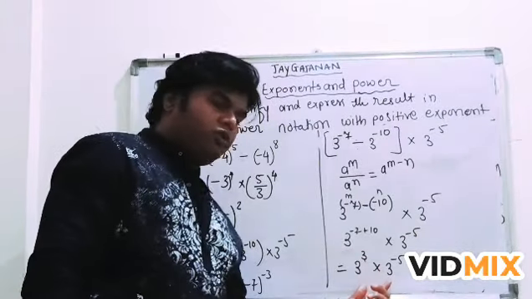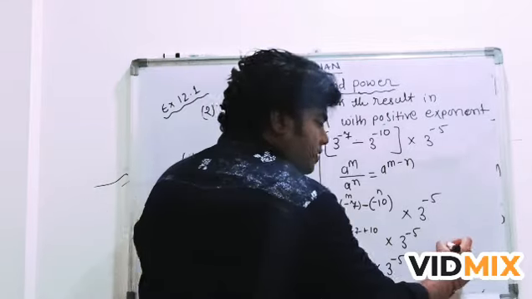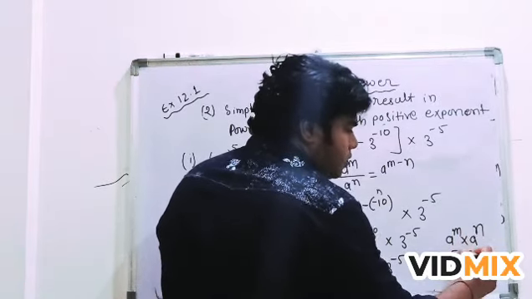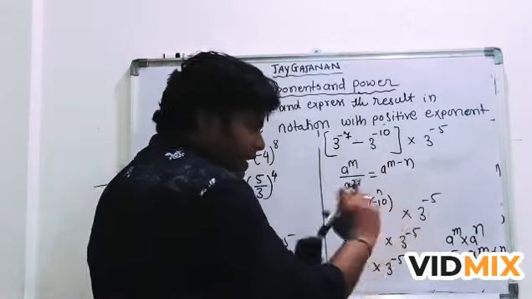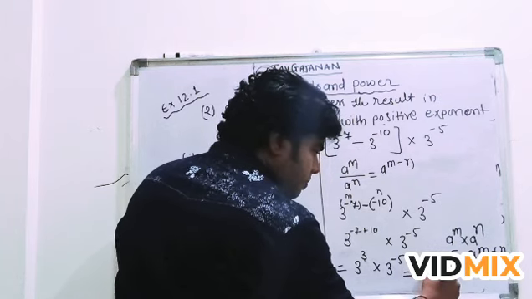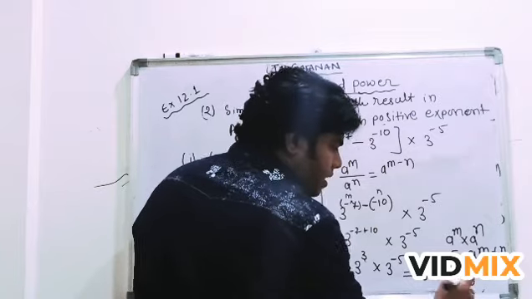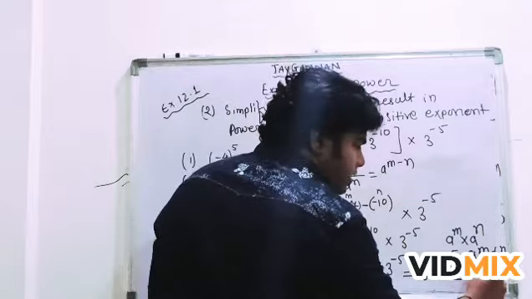Here also we have to use the a to the power m into a to the power n identity: a to the power m into a to the power n is equal to a to the power m plus n. The powers get added. So this will become 3 to the power 3 plus minus 5, that is 3 minus 5, minus 2.